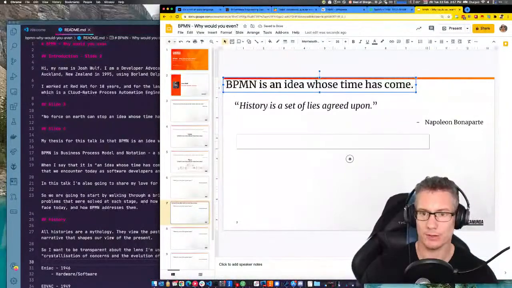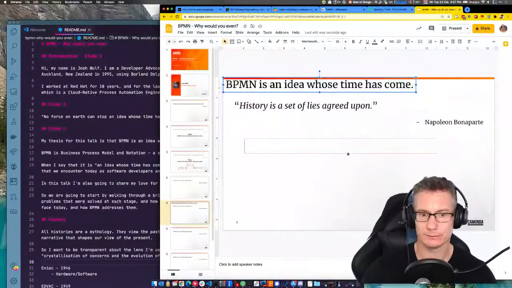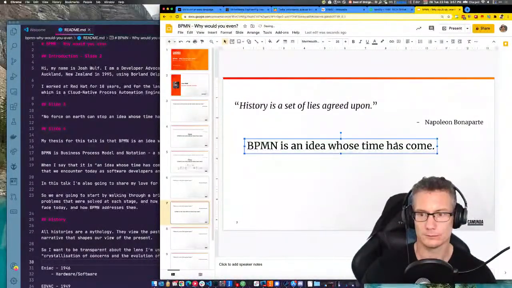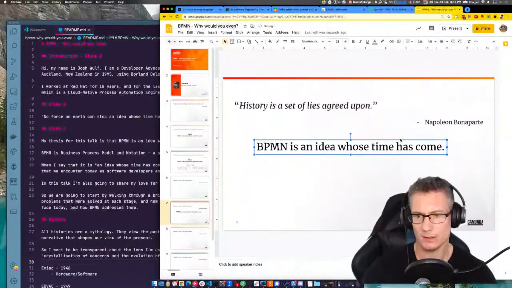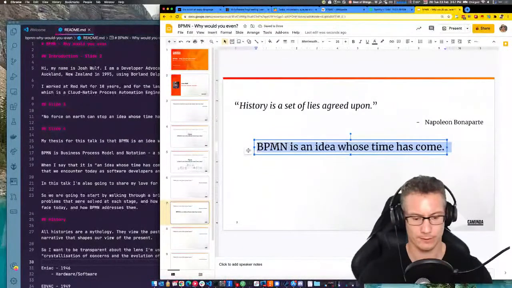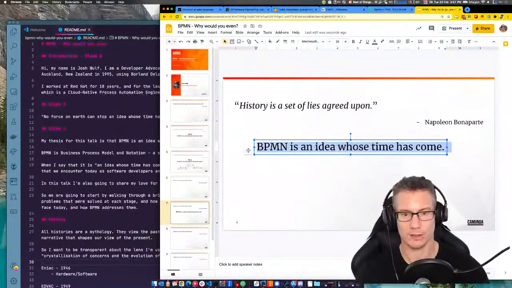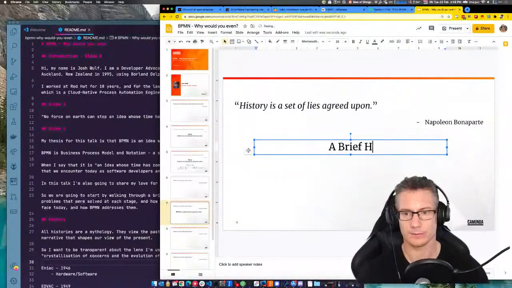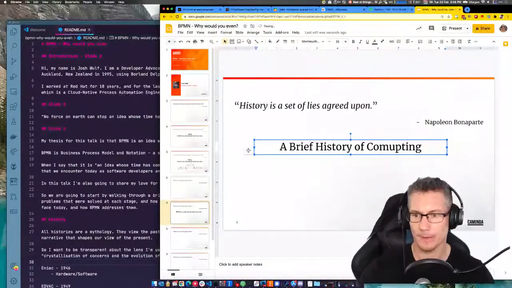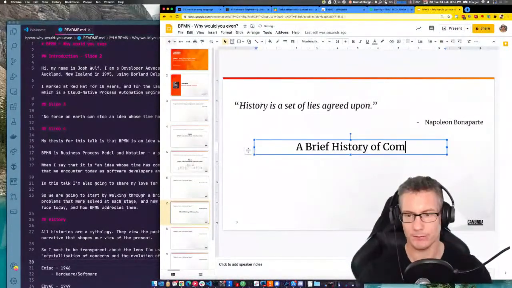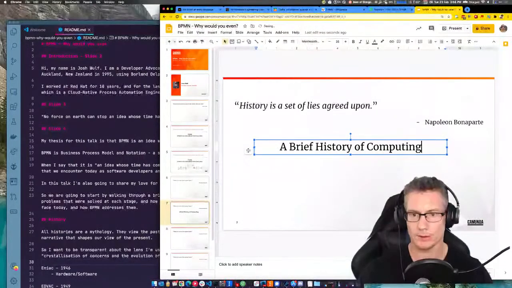A brief history of computing. Is that centered? Close enough. A brief history of time. Corrupting. A brief history of computing. Okay.